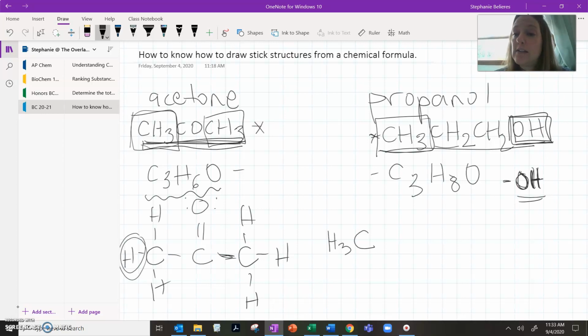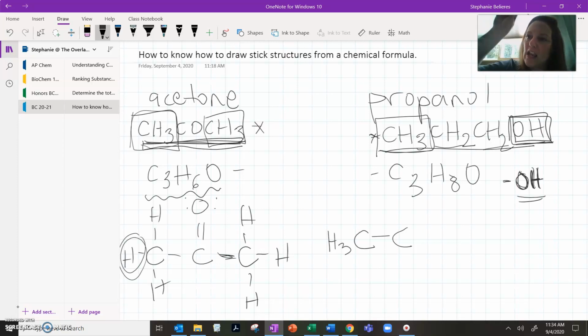Now I've got a CH2 and a CH2. So that means that I have a carbon and then an H2. But one thing that you can remember is that carbon can form 4 bonds, but hydrogen can only ever form 1 bond. So we never see hydrogen embedded in a chain in a larger molecule. It's never bonded to more than one thing.